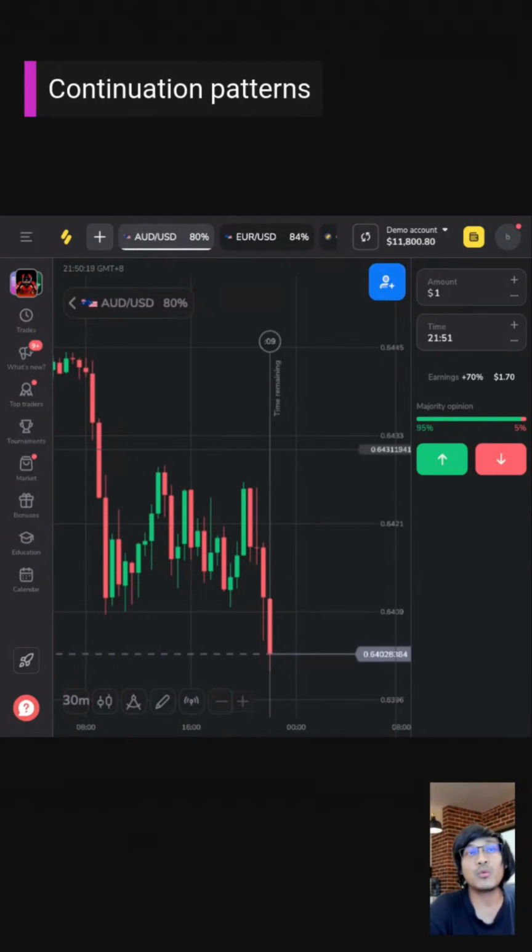So what's continuation? Continuation is where the asset is moving in one direction and then shows that it stops moving in that direction. When we say it stops moving in that direction, it can start to move sideways, or it can even start to move lower, but it doesn't go lower forever.